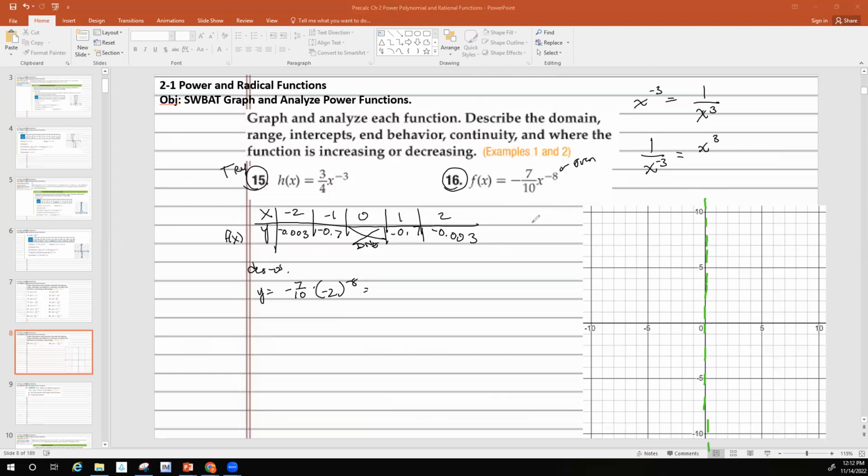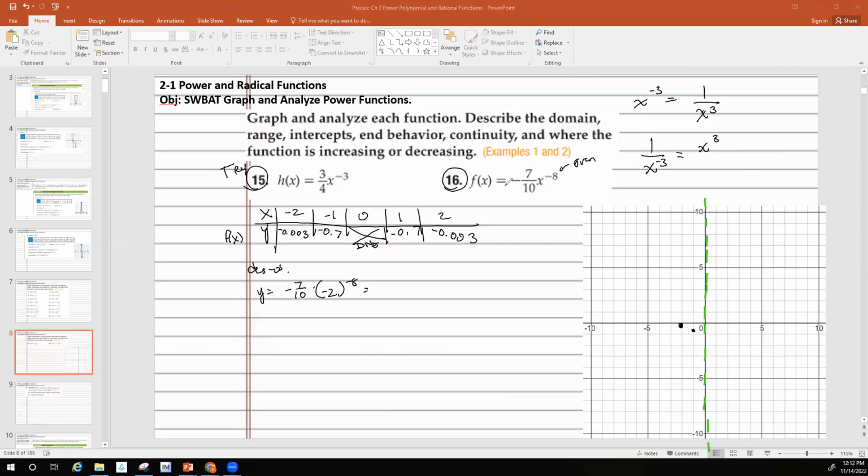And I'm going to put -1, comma -0.7, and then -2 is going to be really close to 0, basically.